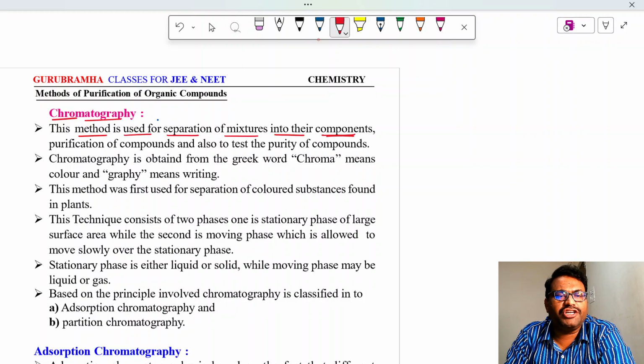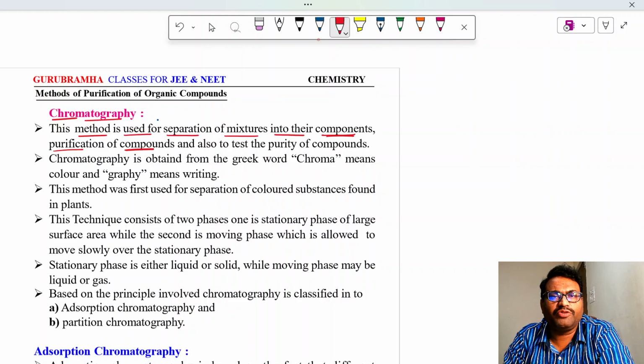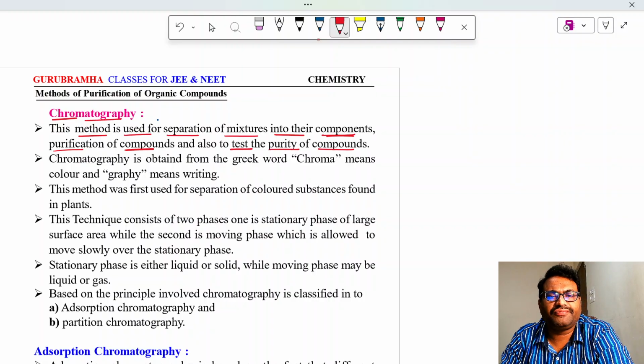And not only that, it is used for purification of organic compounds, and it is also used to test the purity of compounds. Whether it is pure or not, you can test by using chromatography.